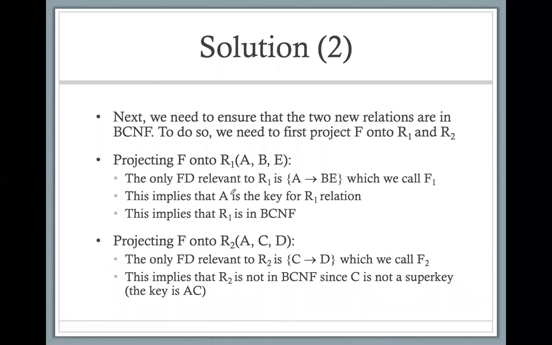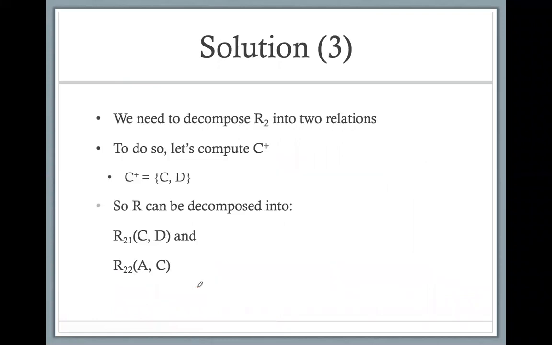Hence, A is the key, and hence there is no violation of BCNF. So R1 is in BCNF. And then I projected F to R2, and I got C determines D, which is a violation of BCNF because the key of this table is AC. So I decomposed it further into two tables, C, D, and A, C. And that's how I'm done.